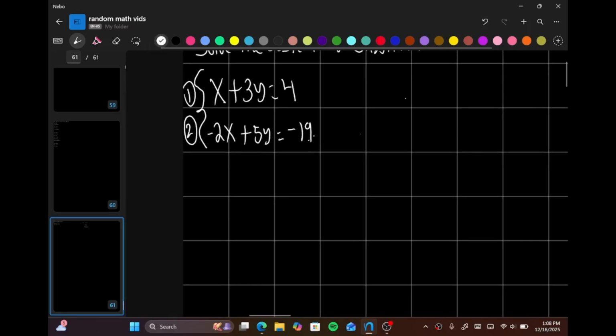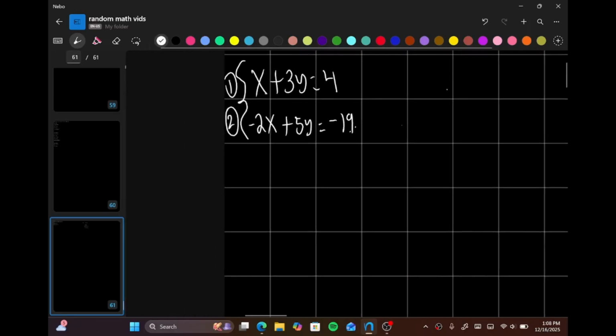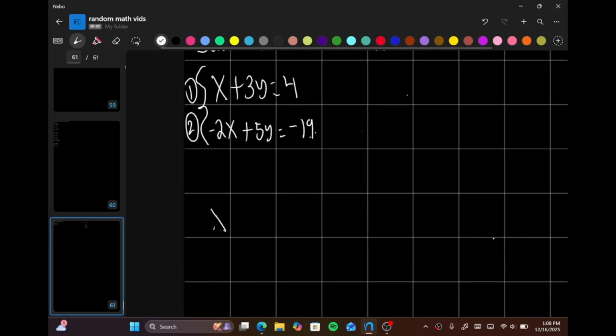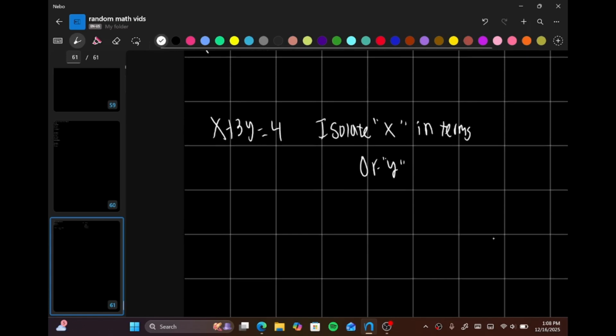Now, what we're going to do, we're going to grab x plus 3y equals 4, and we are going to isolate x in terms of y. So we're going to subtract 3y on both sides.